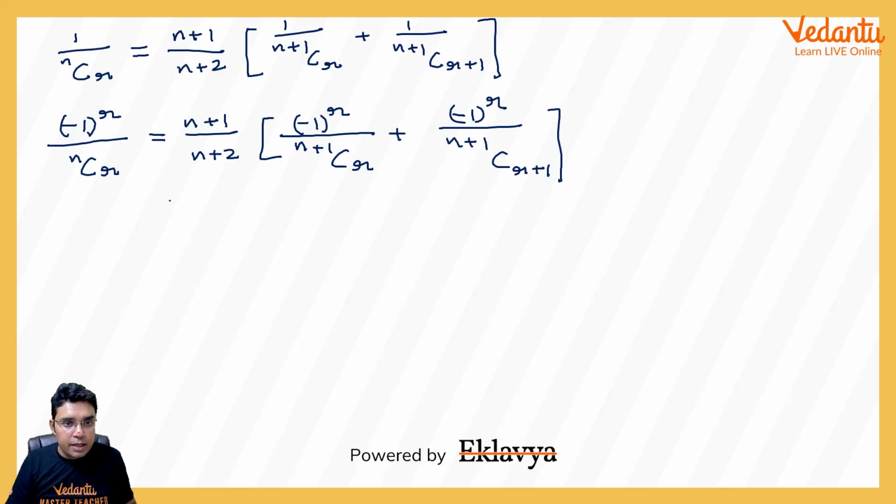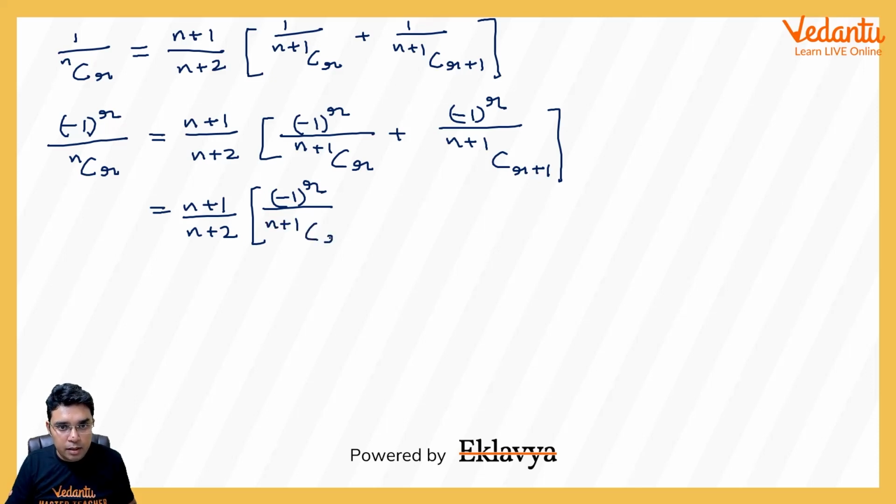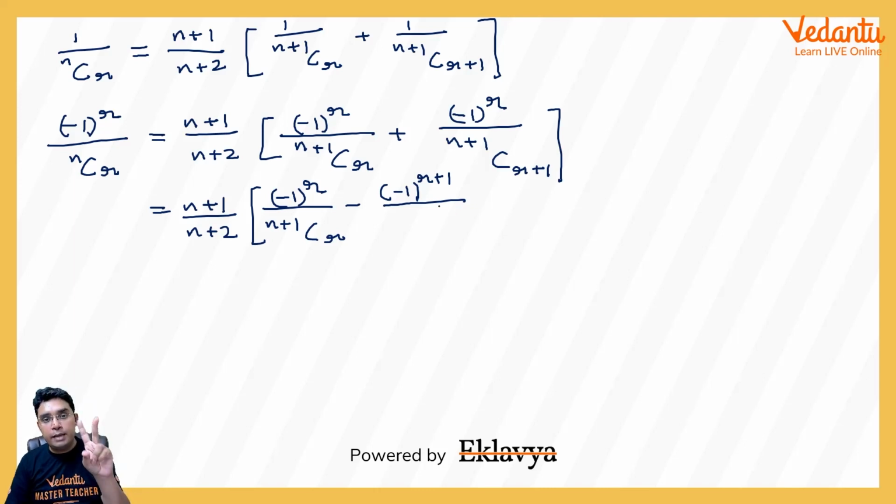Now tell me, can we write this once again using small modification? Here I am writing same thing, minus 1 raised to the power r upon n+1Cr, but here I am introducing minus sign, and for that I am writing the power of minus 1 as r+1. So basically we have put actually 2 times minus 1, which is nothing but plus. So nothing will change if we write this way.